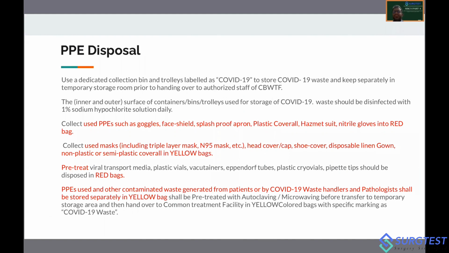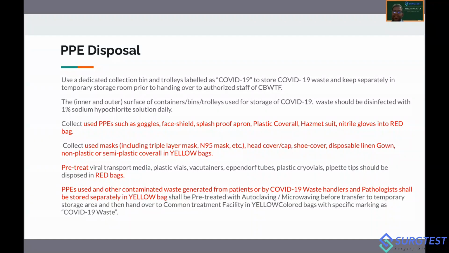Basically, what they're saying is collect used PPE such as goggles, face shield, splash-proof apron, plastic overalls, the suit, and the nitrile glove into the red bag. The used masks, head cover, cap, shoe cover, disposable linen gown, the semi-plastic overall should go into the yellow bags. So this is something which you'll have to remember.